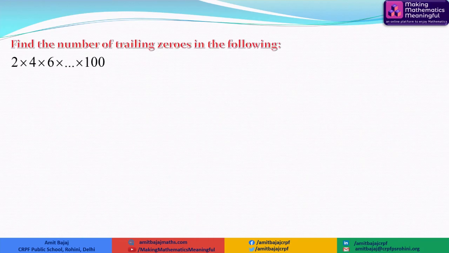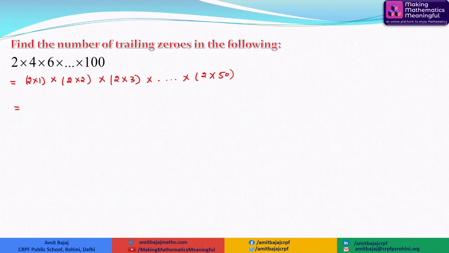Consider another question, say 2 into 4 into 6 and so on up to 100. We'll be using a very similar idea. It's 2 into 1, 4 is 2 into 2, next it's 2 into 3 and so on, up to 2 into 50.